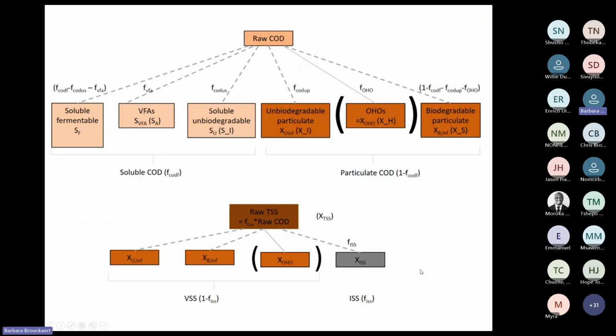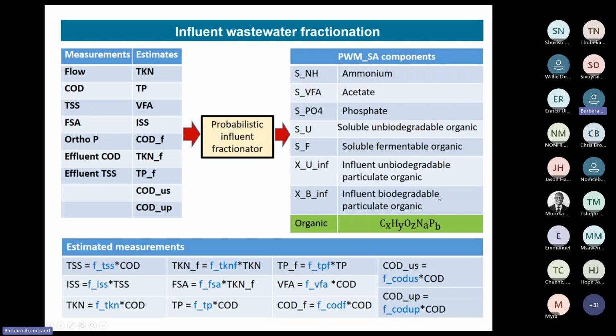So you have ratios from the literature usually to describe the relationship between the different fractions in the total measured COD. But the fractionator itself can't tell what's biodegradable and what's not biodegradable.